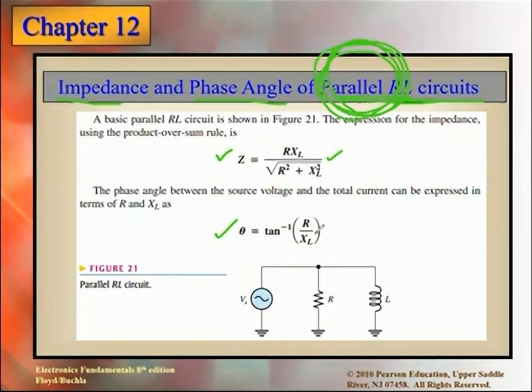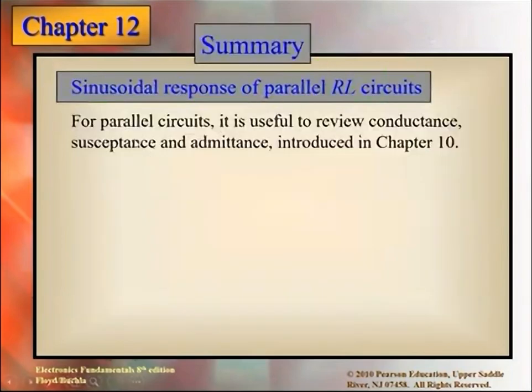Same here, R over, rather than Xc, we are writing XL. Did you remember these things? Right? The formula is exactly the same. Only the change: XC is replaced by XL. Correct?